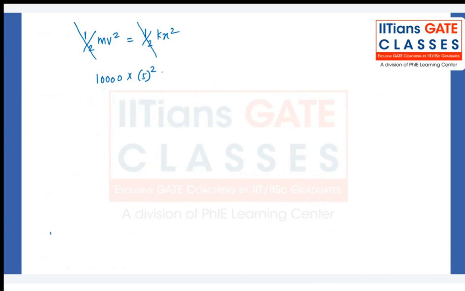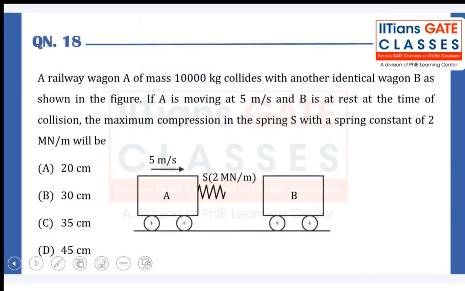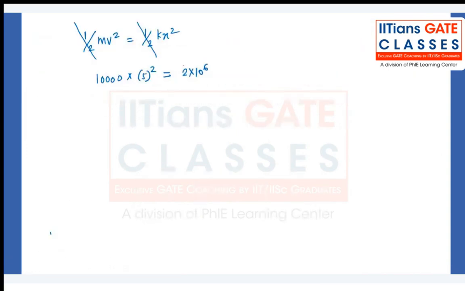So 10,000 into 5 square has to be equal to K, which is 2 into 10 raised to the power 6 newton per meter, into X square, where X is the deflection or the change in the length of the spring, or the deformation in the spring.